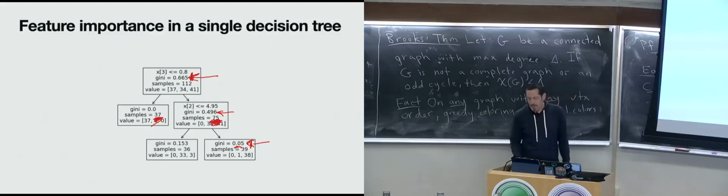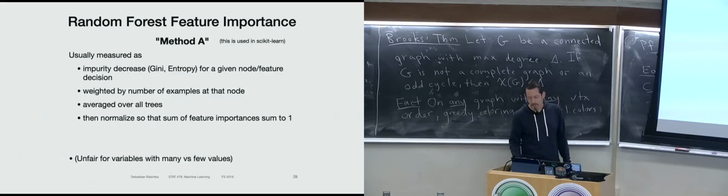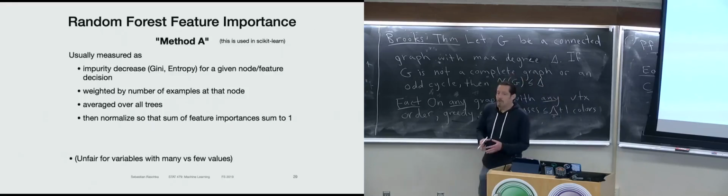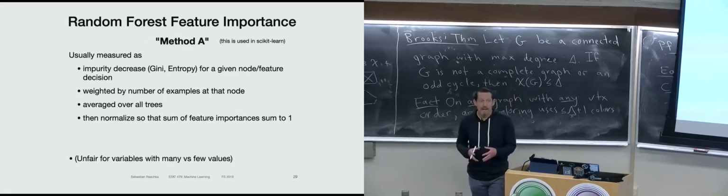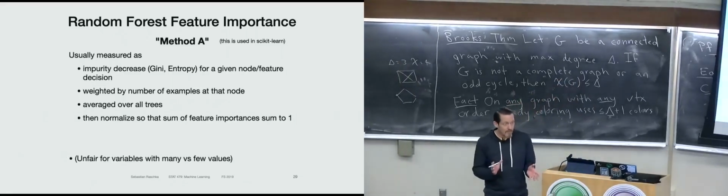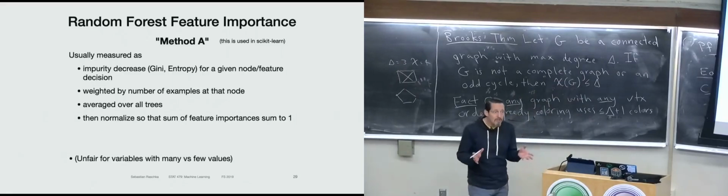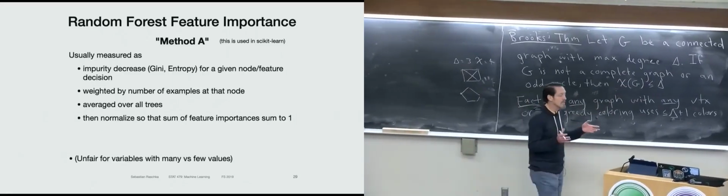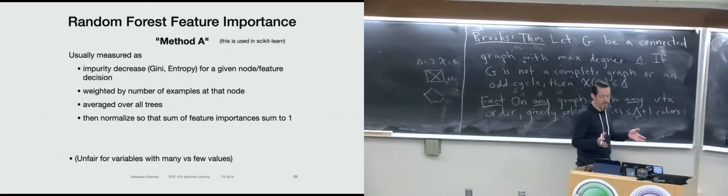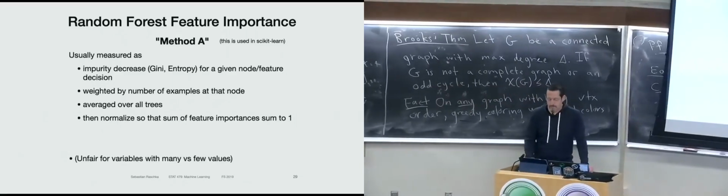So we weight by number of samples. We weight and average across trees. I'm not going to ask you to replicate this or ask you questions deriving it. I just want you to know there's a method, and it basically involves taking the average importance of a feature across trees.